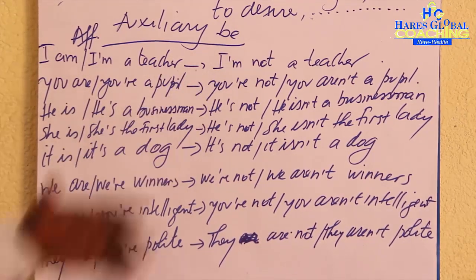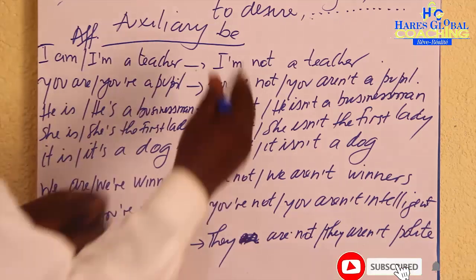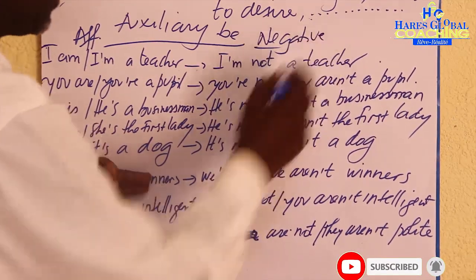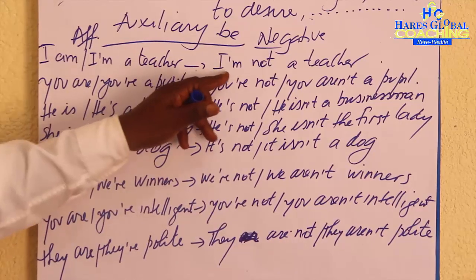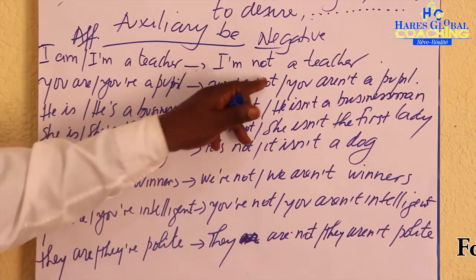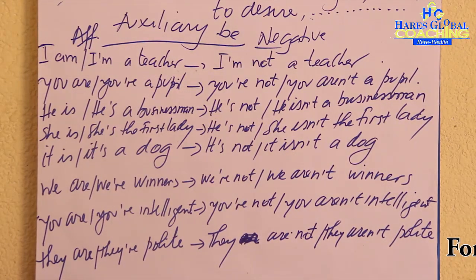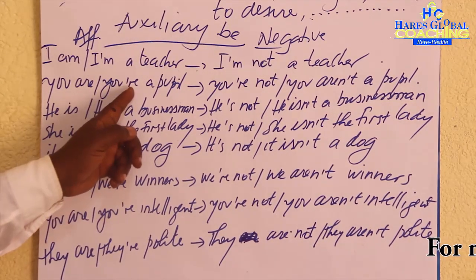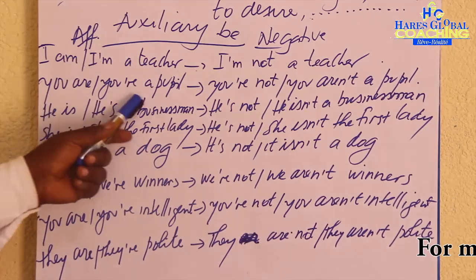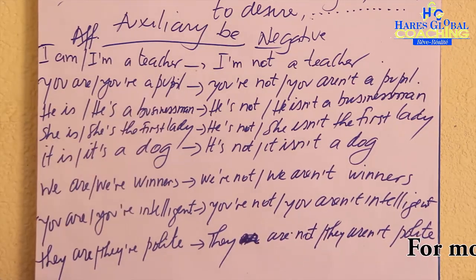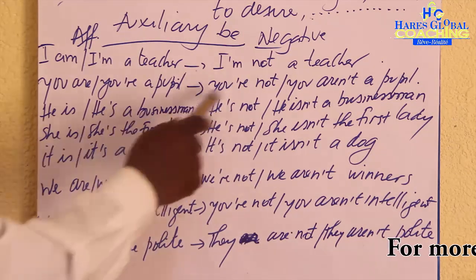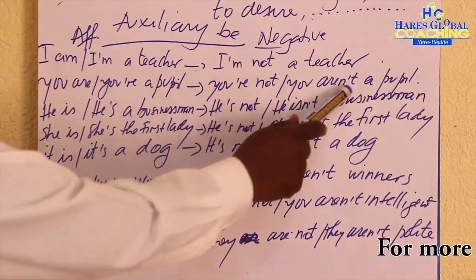If you put it in negative, you can contract it. Say, I'm not a teacher. You are or you're a pupil. In negative, we have two forms here. You can say you're not, or you aren't.